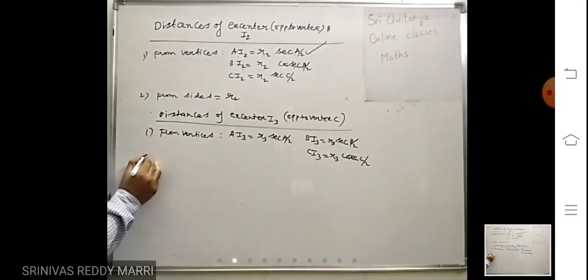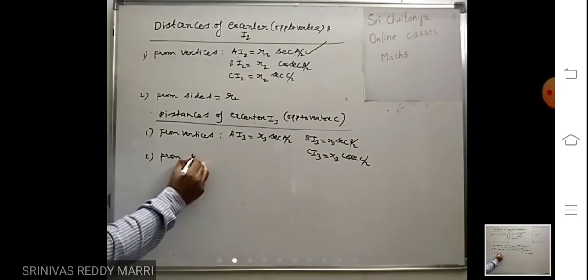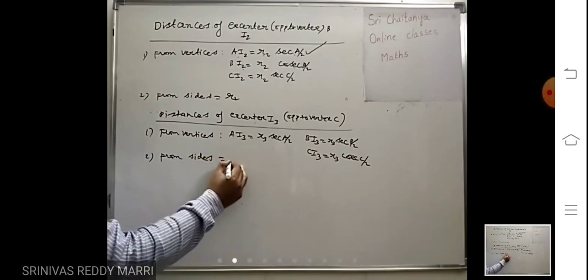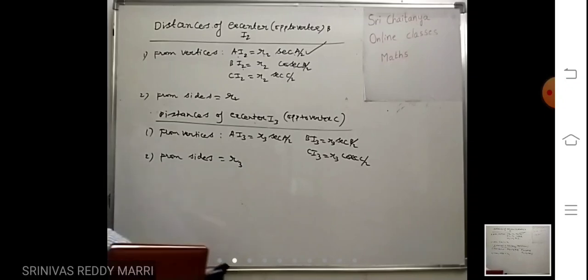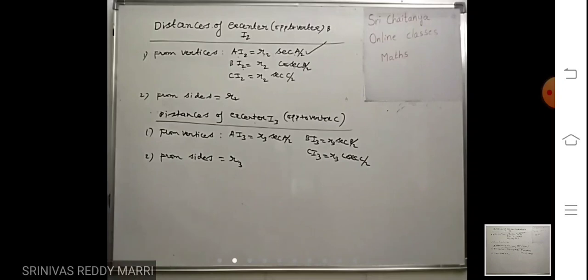These are the formulae. From the sides, the perpendicular distance equals R3, the radius of that circle.